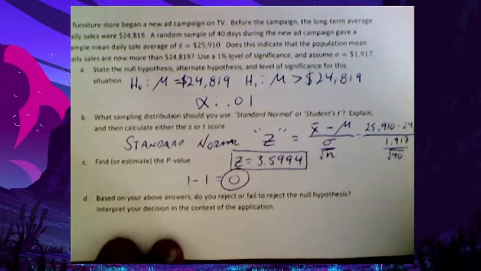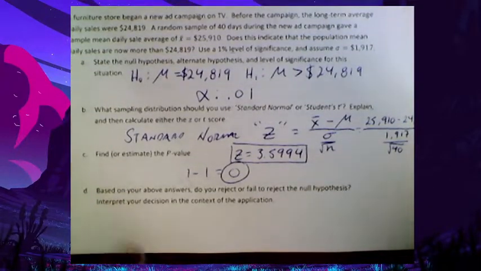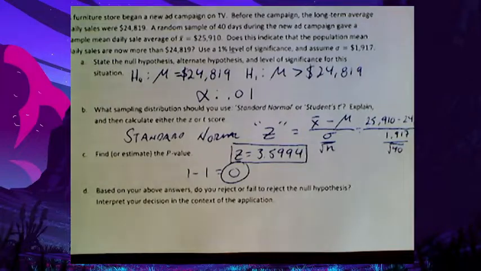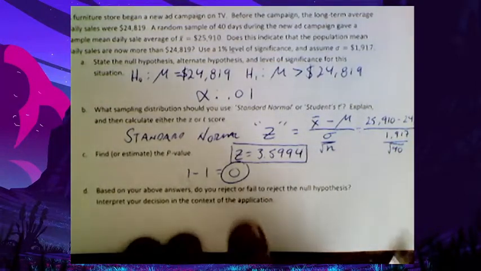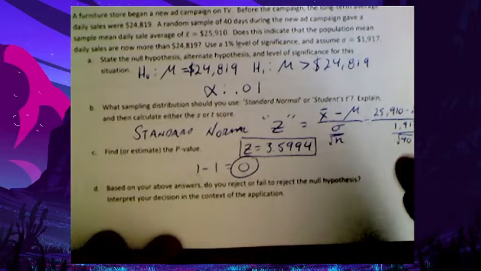All right. Then for D, based on your above answers, do you reject or fail to reject the null hypothesis? So 0 is less than our alpha of 0.01, right? Which is why we really don't care about the exact values, because as soon as I'm off the chart, I know it's going to be rejecting the null. So I'm less than my alpha, I reject the null.